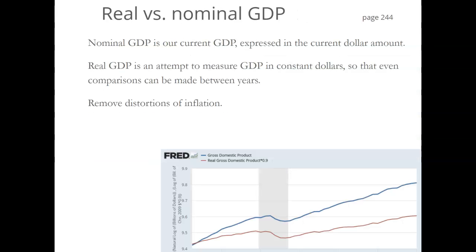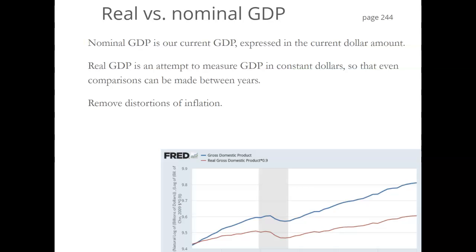So another term within GDP is something called real versus nominal GDP. So nominal GDP is our current GDP expressed in the current dollar amount. So whatever that C plus I plus G plus NX is in the actual dollar amount that we would pay today on this date right now would be our nominal GDP.